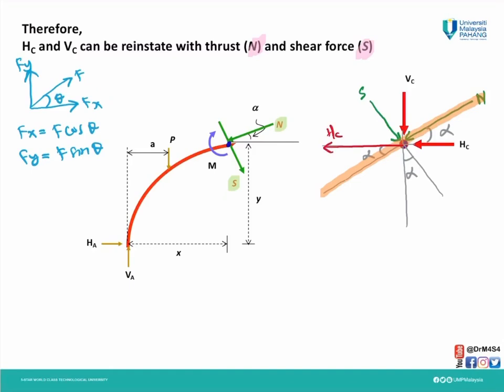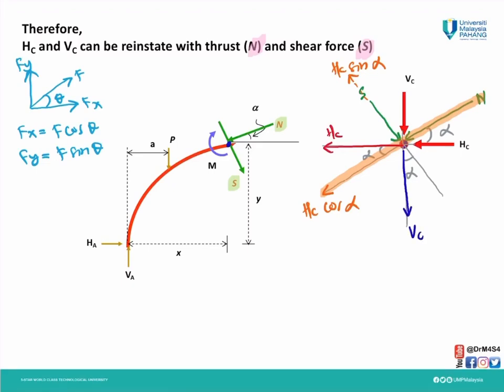Since we know the angle, we can resolve that HC on this axis. So we get HC cos alpha, and we can also resolve HC on the other axis, which gives HC sine alpha. Then we also resolve our VC.